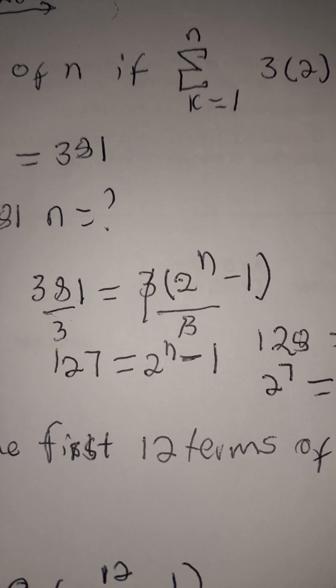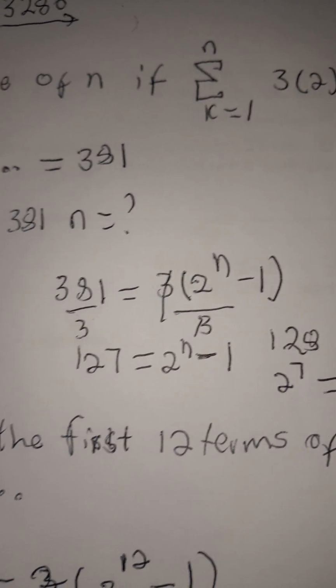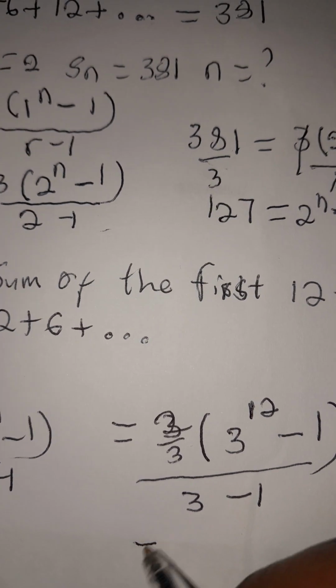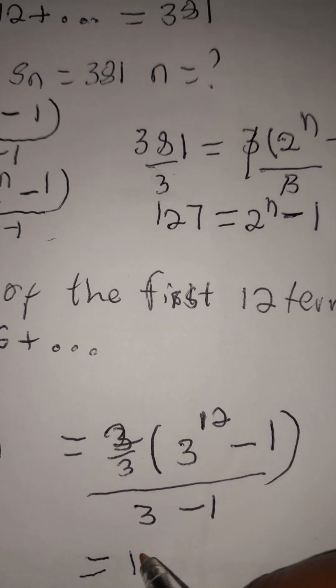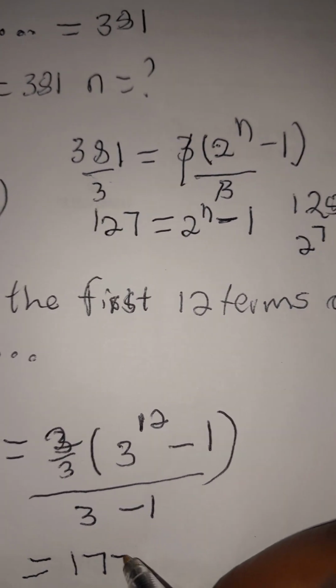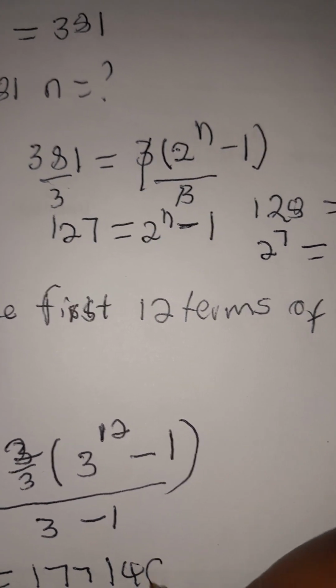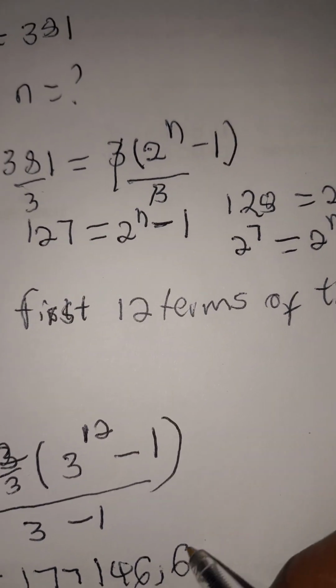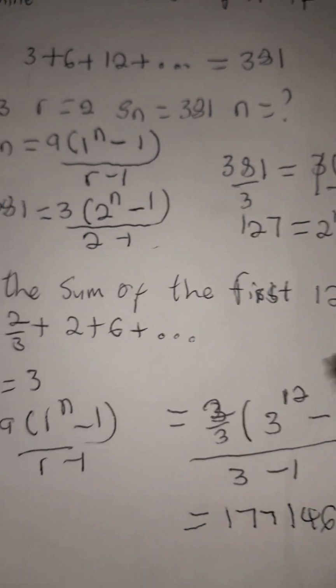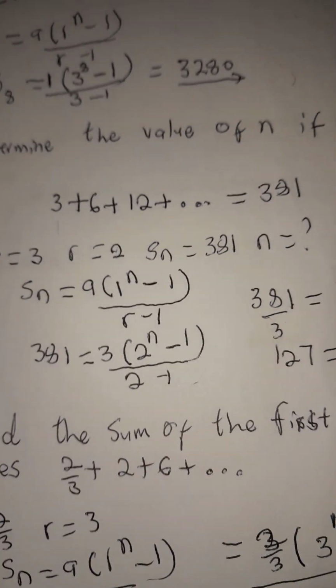Correct to 2 decimal places, what are we having there? We are going to have 177,146.67. So that's how you can work out these 3 questions.